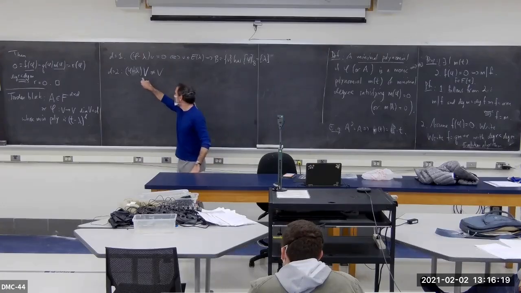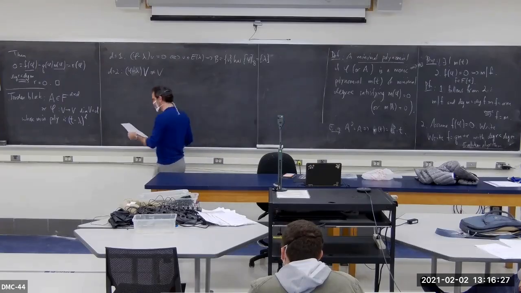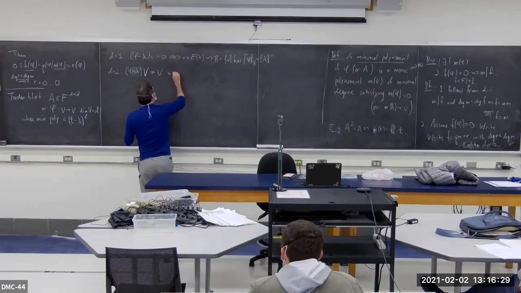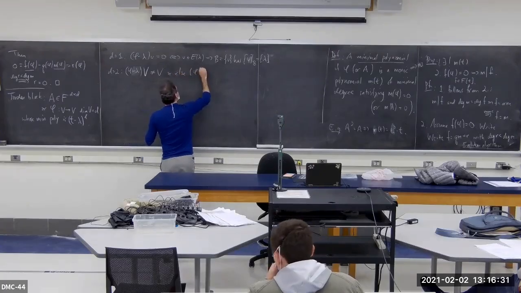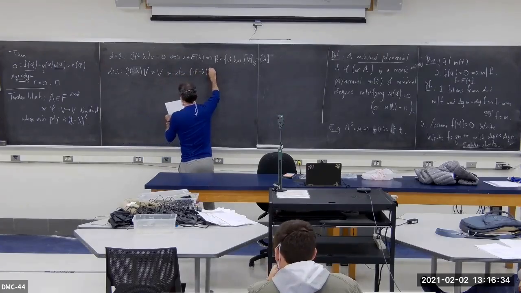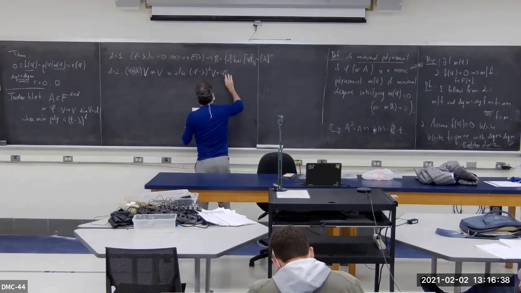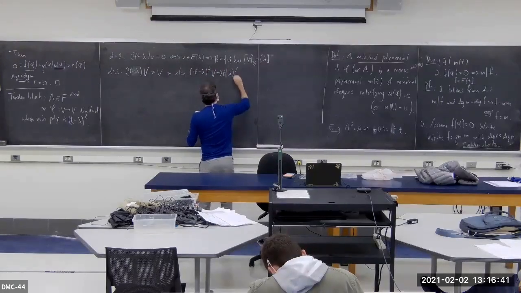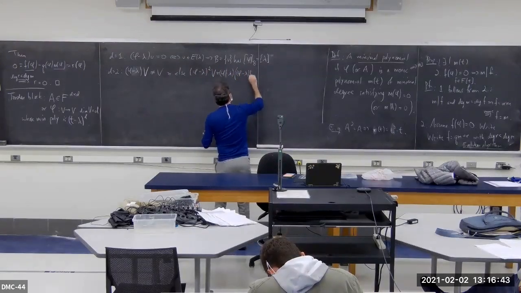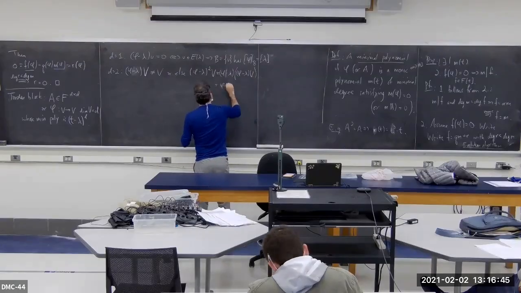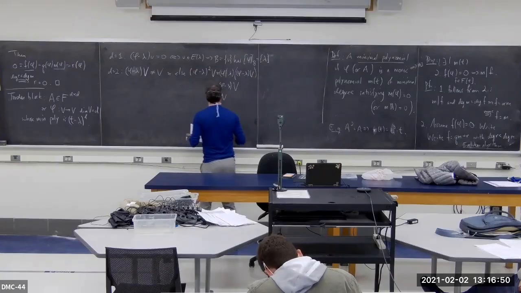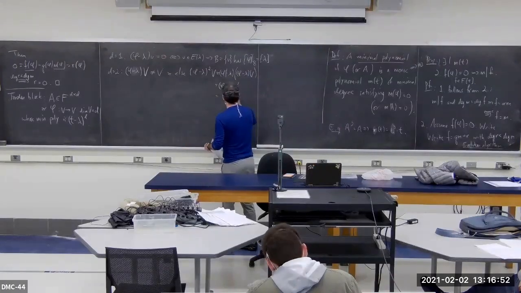So if phi minus lambda applied to V was equal to V, then (phi minus lambda) squared applied to V would also be equal to V. Or else, (phi minus lambda) squared V, which would be phi minus lambda applied to (phi minus lambda) V, which would be phi minus lambda applied to V, would be V, which is not equal to 0.